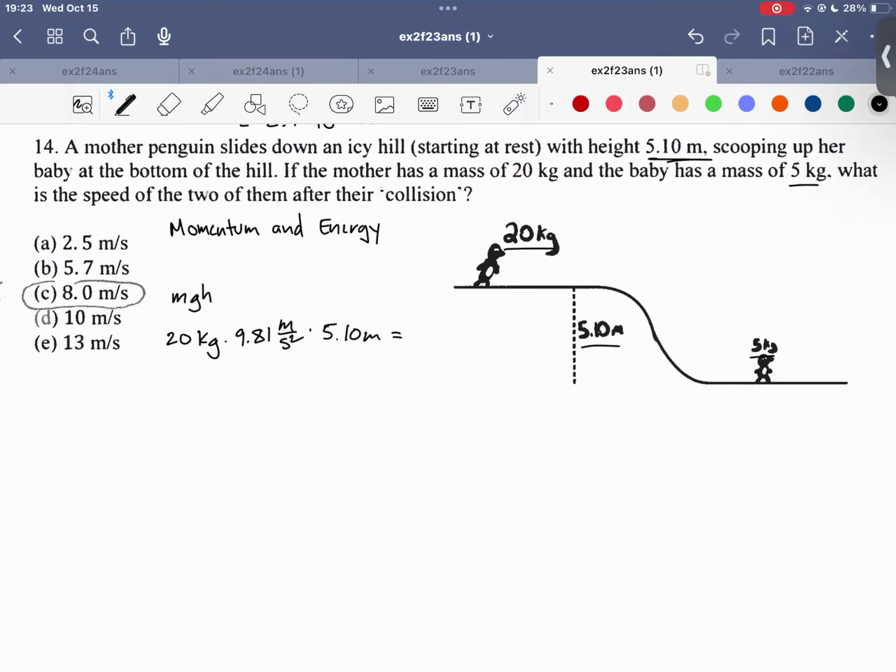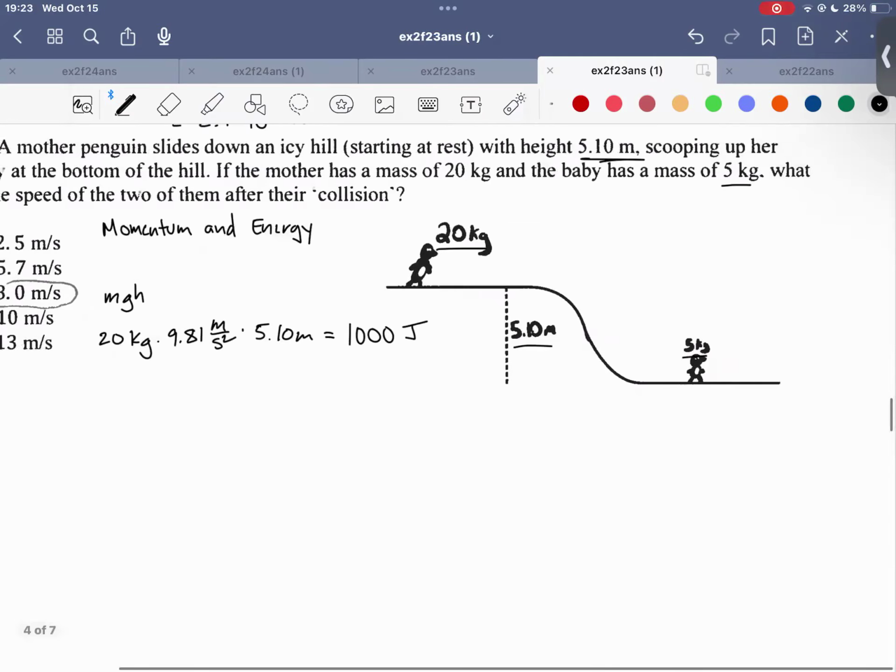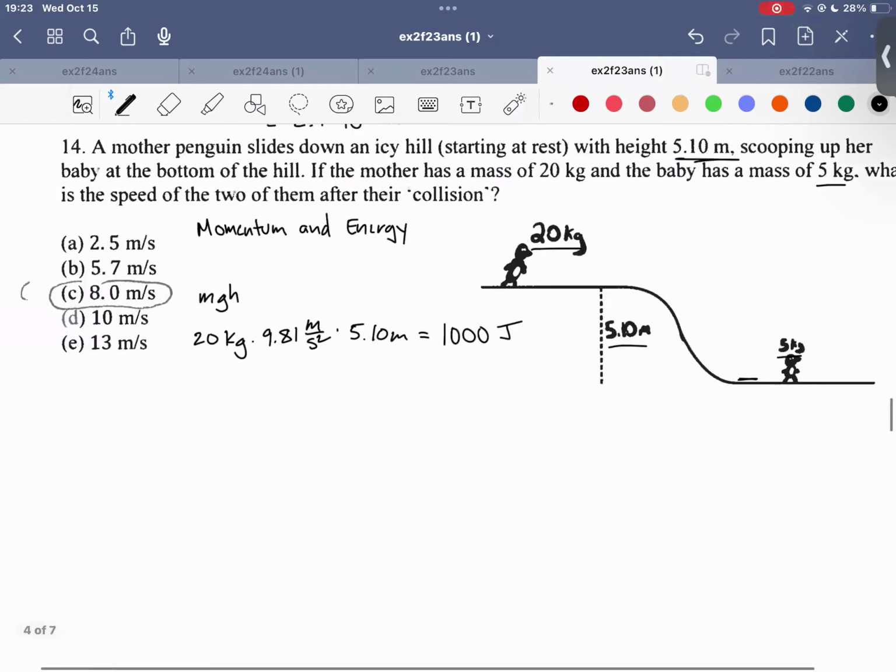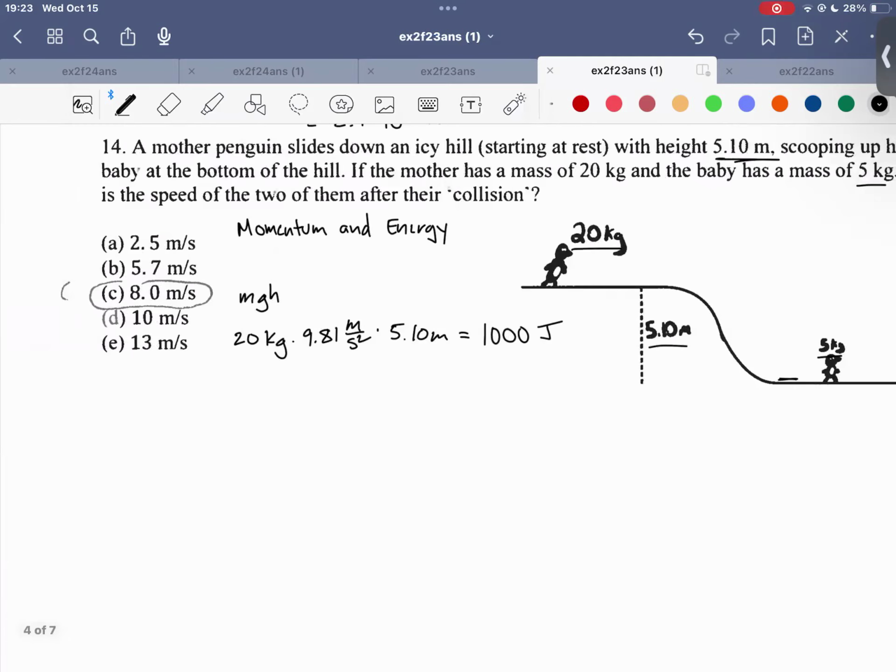And so when you solve it, it says 1,000 joules. So that means at the bottom, the penguin will be going at 1,000 joules, because this is going to be converted to kinetic energy, right?